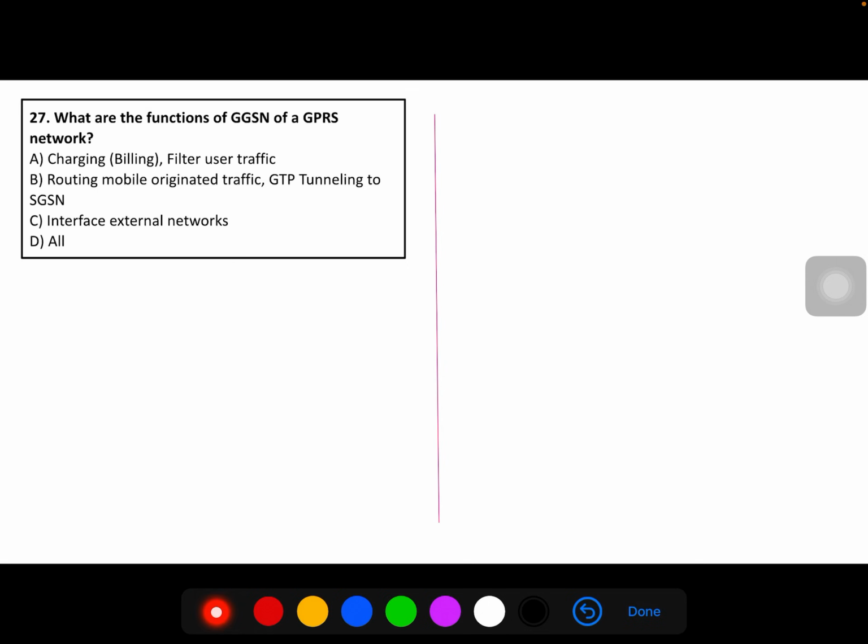GGSN, that is Gateway GPRS Support Node, is basically an interface between SGSN and the voice network or the data network. It is mainly used for routing also. The options given are charging, filtering user traffic, routing mobile originated traffic, GTP tunneling to SGSN, and interface to external networks. All the features given are correct, and hence the option to be chosen is D, all of the above.